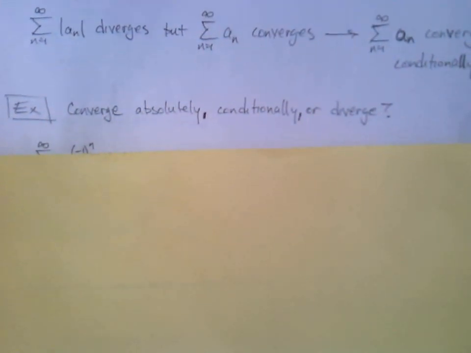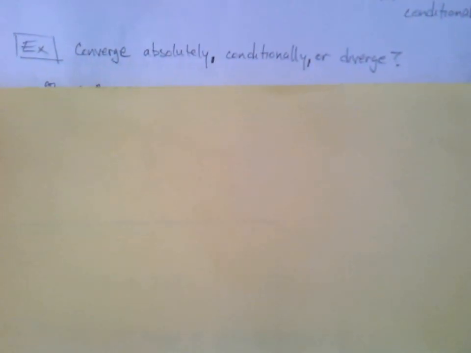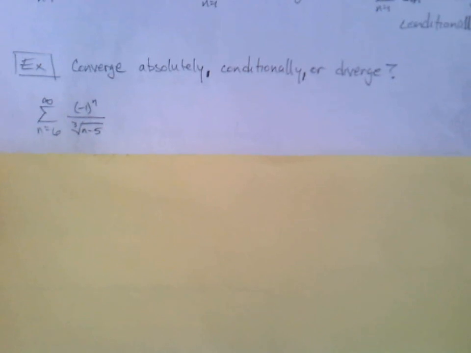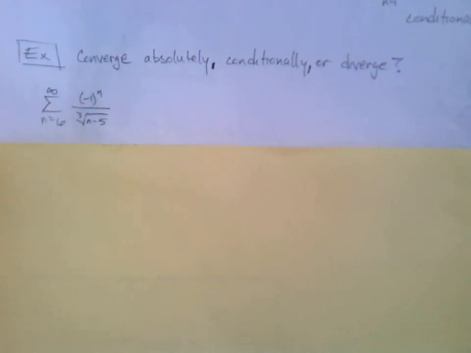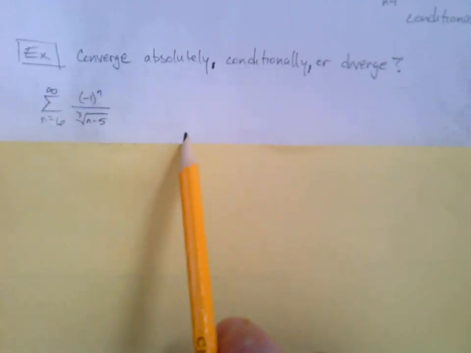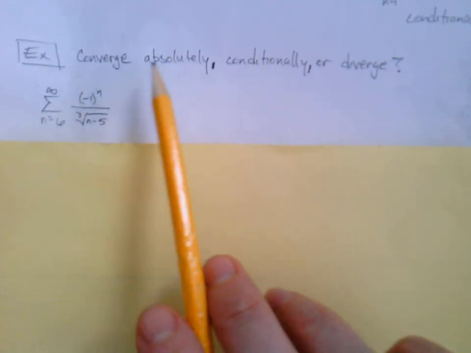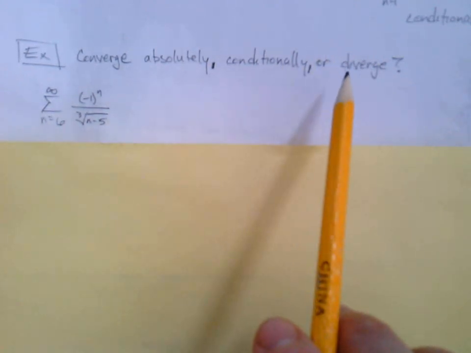Now we're going to play around with this idea. The question is going to be: does the series, we'll just do one of them, converge absolutely, conditionally, or does it diverge? You might get a few questions like this on your test, one or two, where it's asking you to go further, not simply converge or diverge, but converge absolutely, converge conditionally, or diverge.